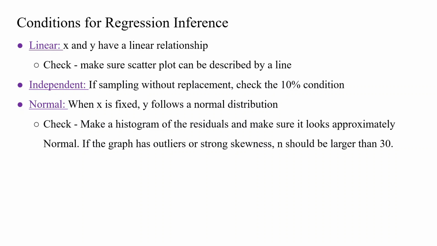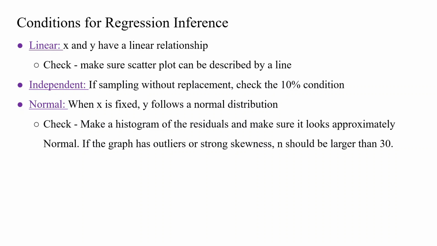It meets that condition. A lot of the times it won't necessarily appear approximately normal because we will be working with smaller sets of data. So if you're working with smaller sets of data, you want to make sure that there's really just no outliers or strong skewness. Okay. So even if it doesn't look approximately normal, as long as there's no outliers or strong skewness, we can say, okay, that's it.